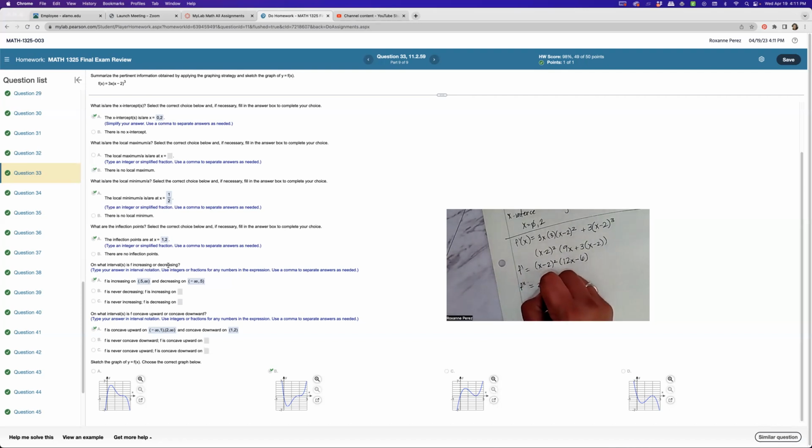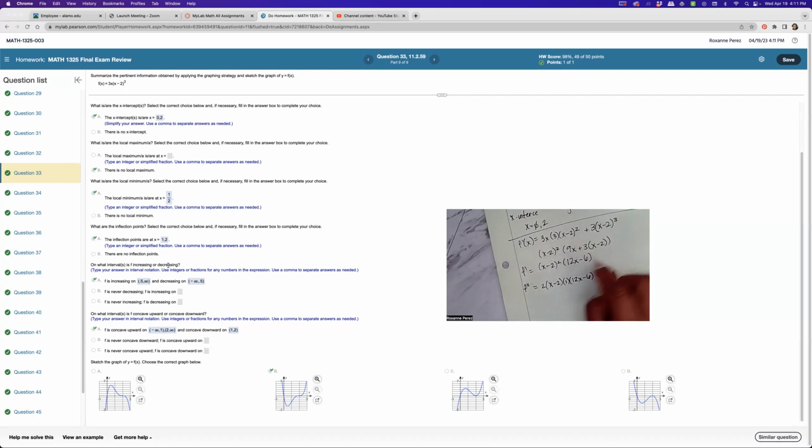So 2 times x minus 2 times, so 2 from the power, right? 2, bring it to the front, and then also multiply by the derivative of everything inside, which is just a 1, times, keeping the second term, 12x minus 6, plus, keep the first term, x minus 2 squared, times the derivative of the second term, which is going to be just 12.